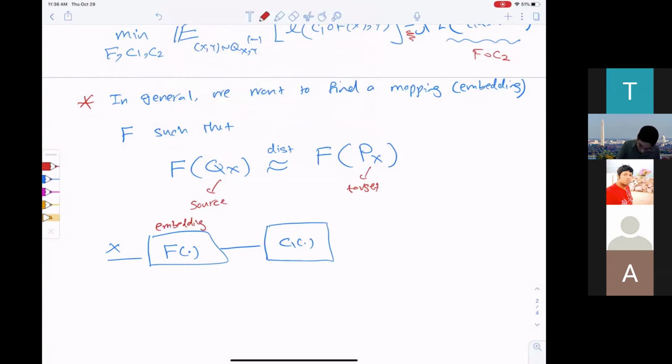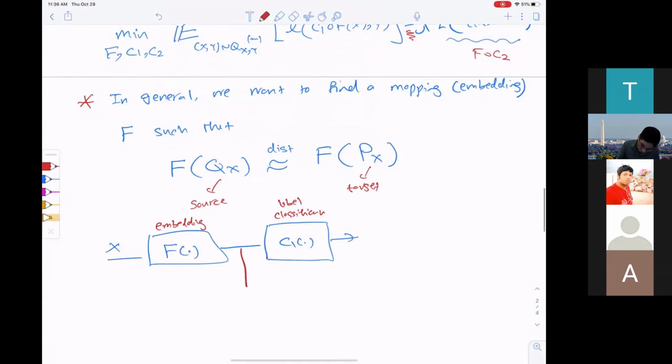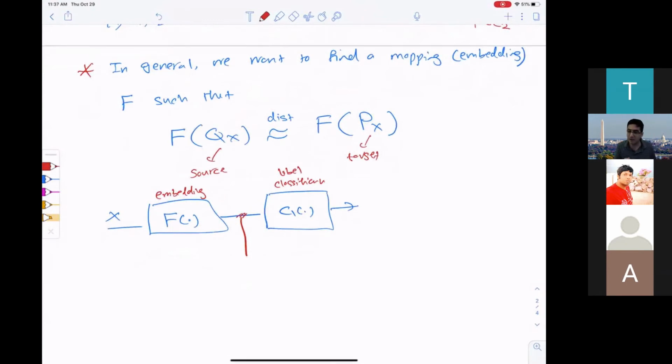This is the label classification. Now I'm going to look at this part, the f of qx or f of px. And I want the distributions of source and target after applying the embedding function to be close to each other.